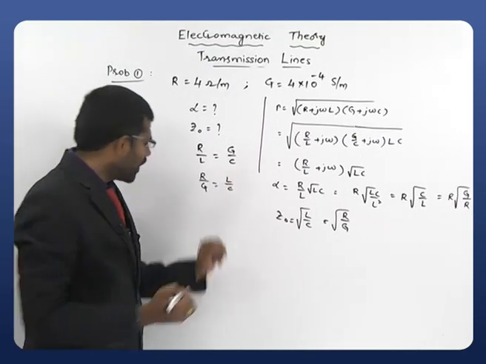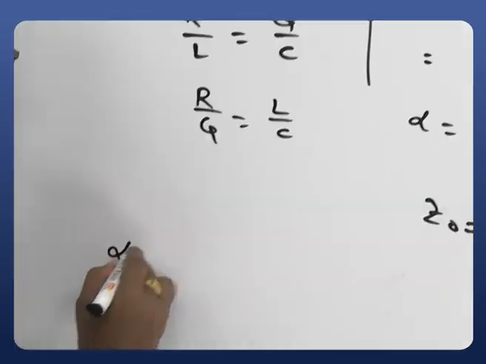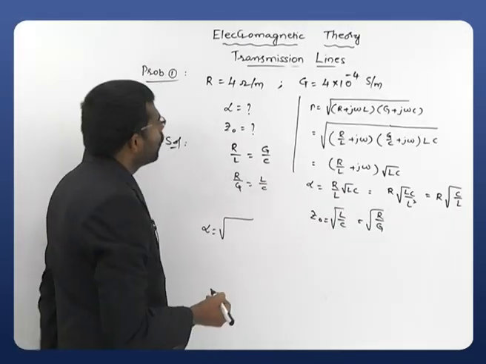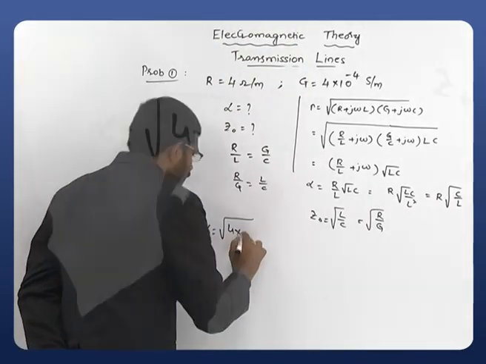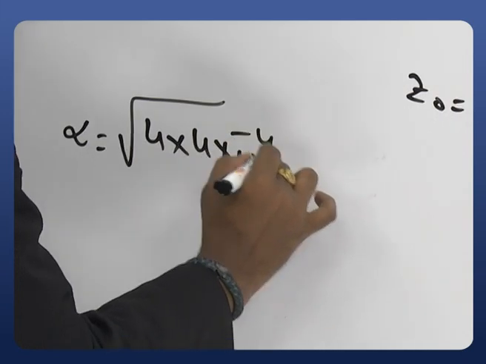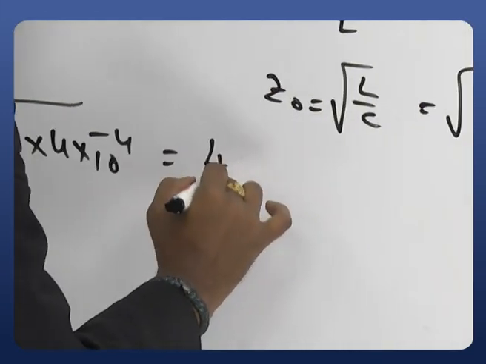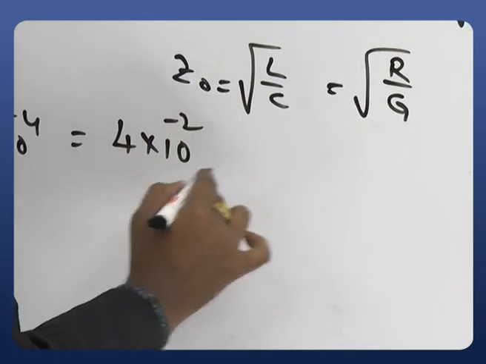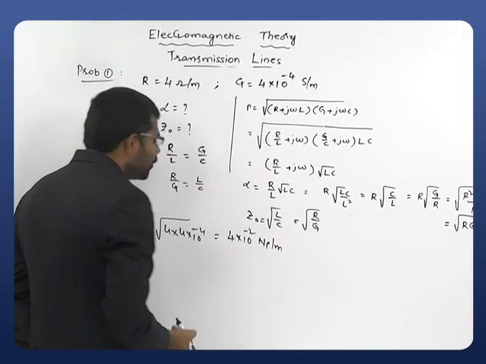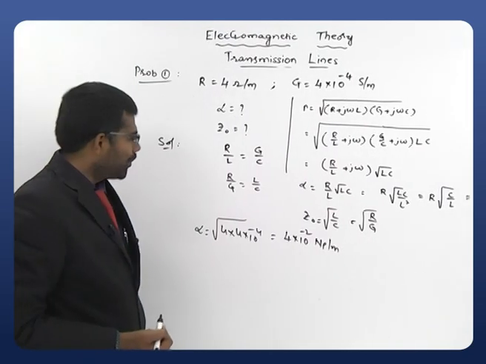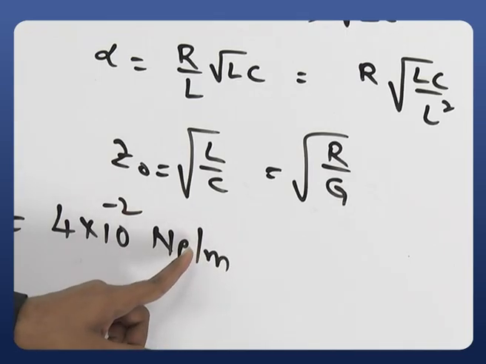Now what is alpha? Substitute there. Alpha is equal to root RG. What is R here? 4, into what is G? 4 into 10 power minus 4. So it is equal to 4 into 10 power minus 2, and since it is alpha, Napier per meter is the unit. So 4 into 10 power minus 2 Napier per meter.